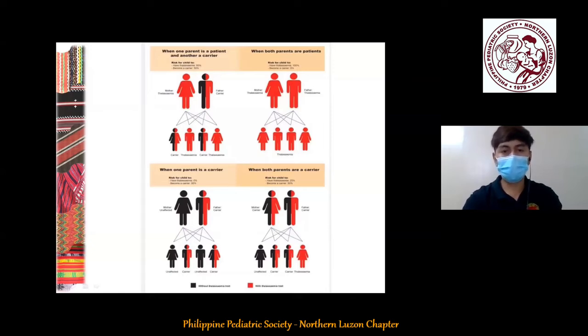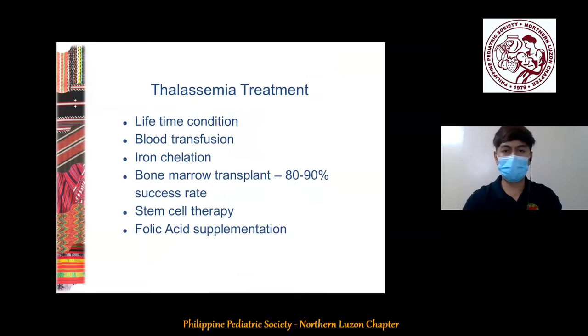Okay. So, what are the thalassemia treatments? This is a lifetime condition, so continuous po yung treatment. Some patients will be having blood transfusions. Some will be having iron chelation, bone marrow transplant, which has an 80 to 90% success rate, stem cell therapy, and folic acid supplementation.